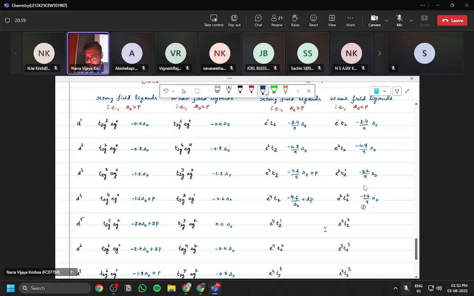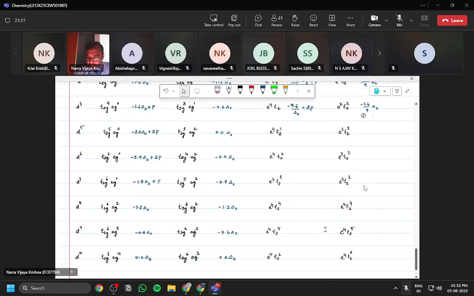Next one. 4 into 2.4, and 0.4, minus 2 into 4, minus 8. So minus 8 by 9 delta naught plus 2p. Next case. Now completely filled, half filled, so 0 delta naught.